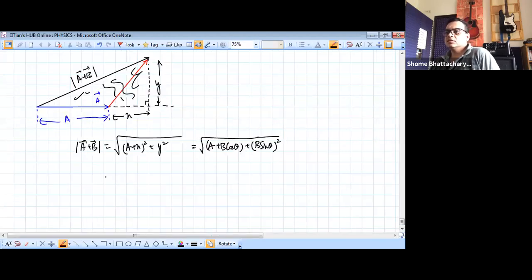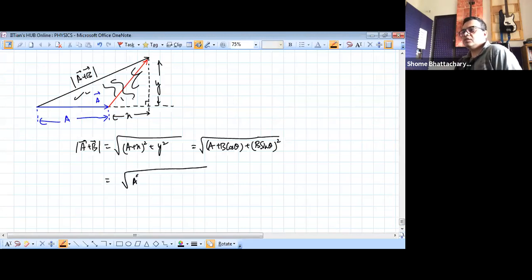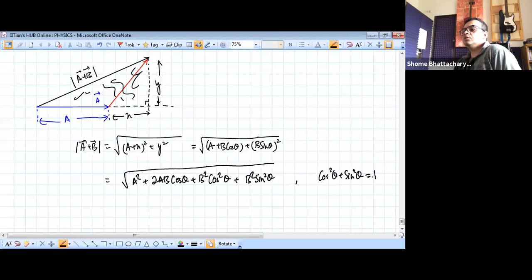Now we expand this. This becomes the square root of a square plus 2ab cos theta plus b square cos square theta plus b square sin square theta. Now you use the identity that cos square theta plus sin square theta is equal to 1, or unity.